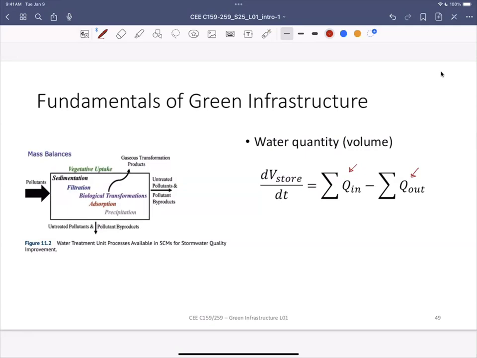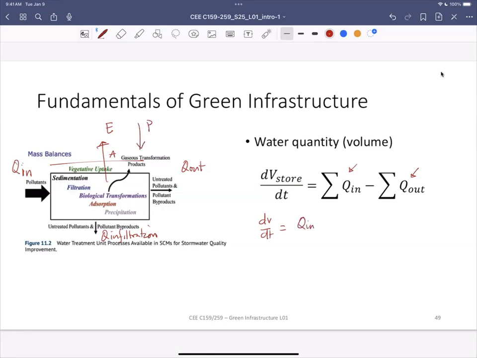For instance, here, if you have a flow rate Q in coming in, there is precipitation or evapotranspiration over the area of the green infrastructure, and then Q out and Q infiltration, you can use this concept to calculate how much water you have stored in the location.